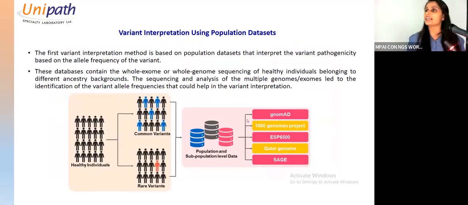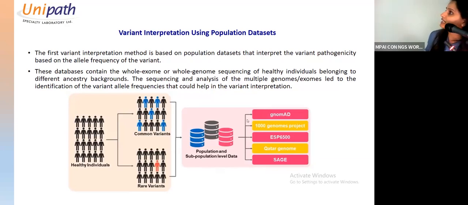So what indication does it give you? We all carry some variants, but if you want to say that you are healthy, it gives us confidence that this is normal. So that's why we compare our variants with the population frequency database.